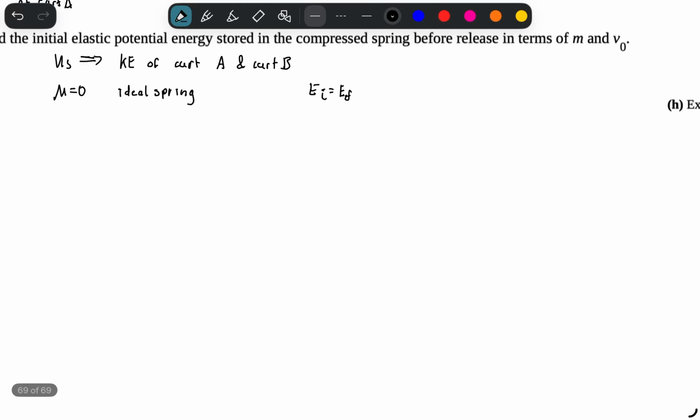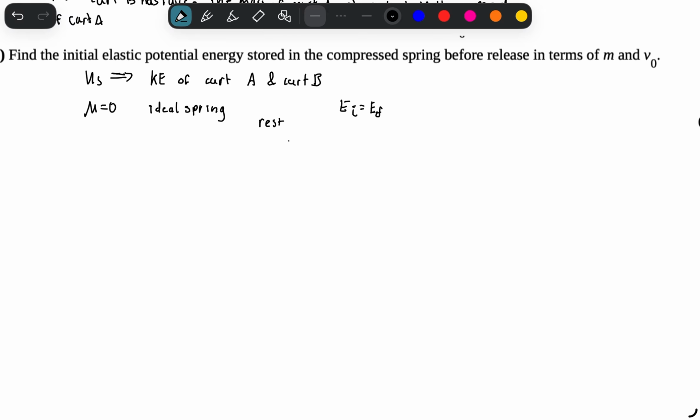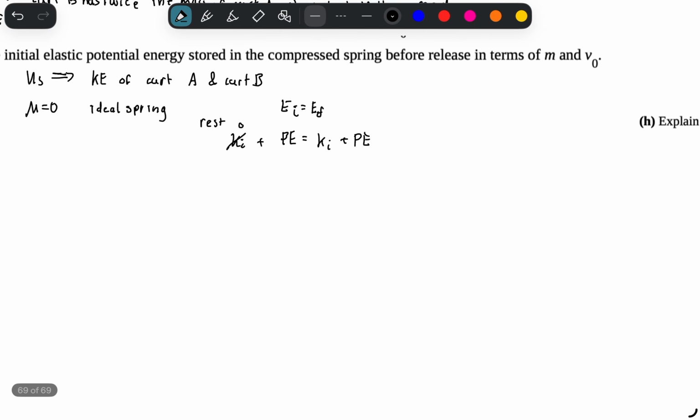Now we know initially the system is at rest, right? So that means that kinetic energy initial is equal to 0. So we have kinetic energy and potential energy, and we are only going to have spring energy here initially.